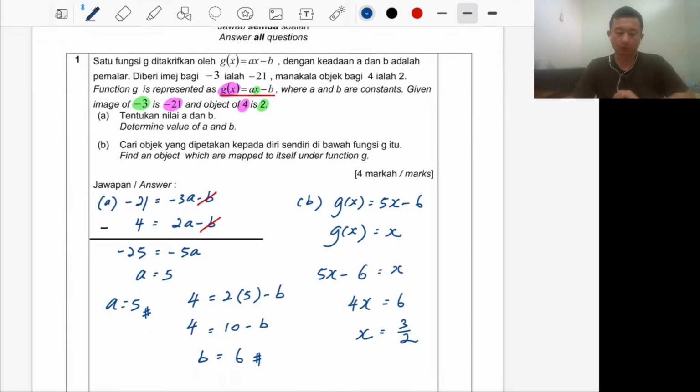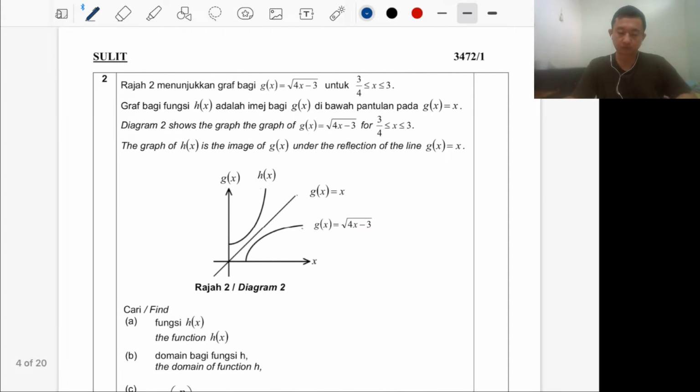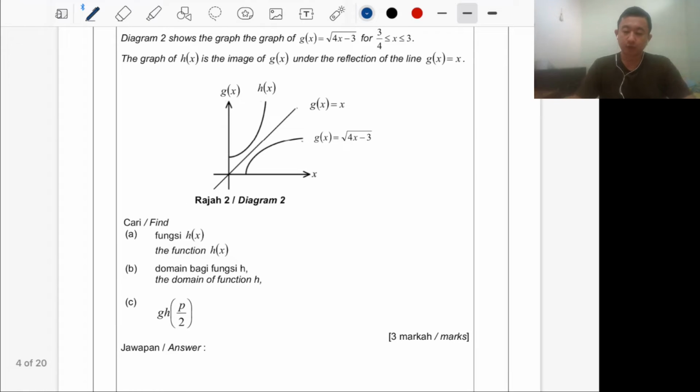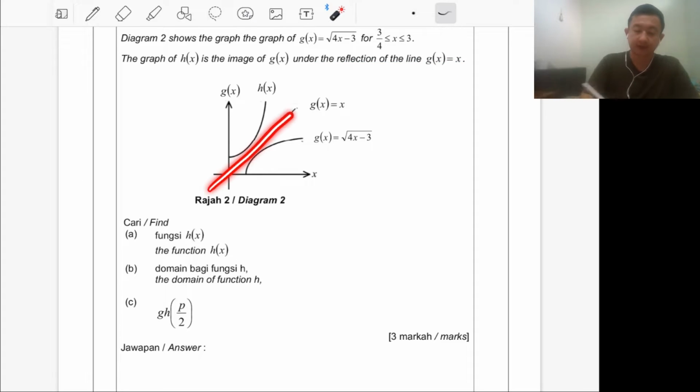Alright, let's go. Question number 2. Diagram 2 shows the graph of g(x) for a domain. h(x) is the image of g(x) under the reflection in the line y = x. Okay, this equation is y = x.